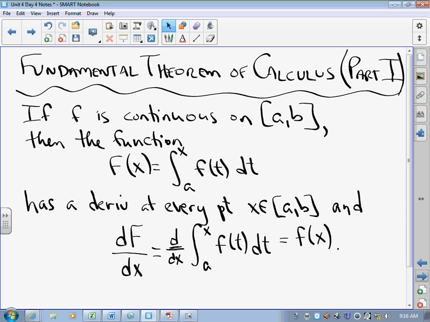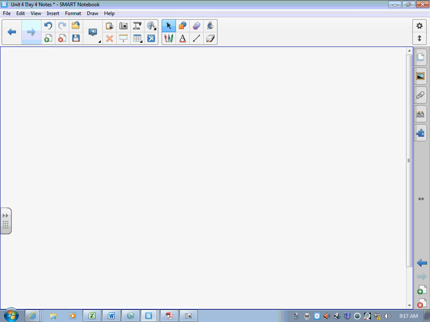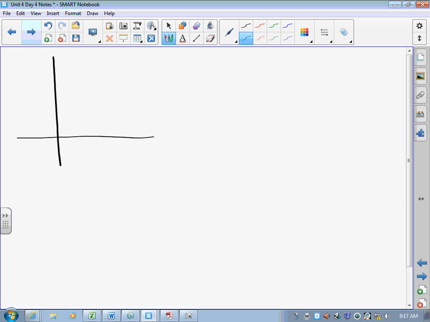This is a big, big, big deal. So what I'd like to do is illustrate what's happening here. I'd like for you to see some capital F's. Remember, capital F is some function that we don't end up seeing.